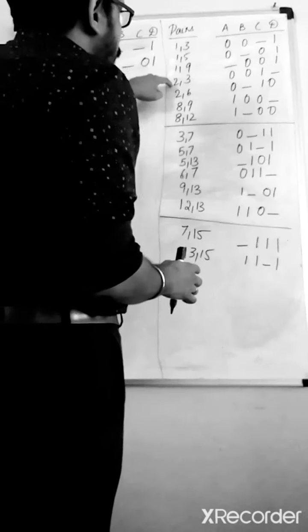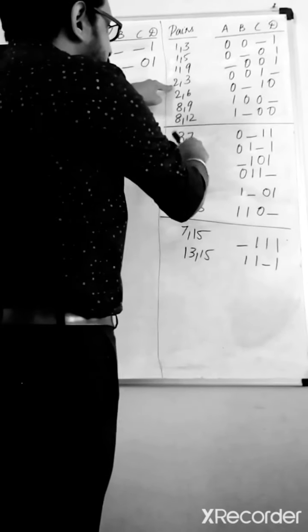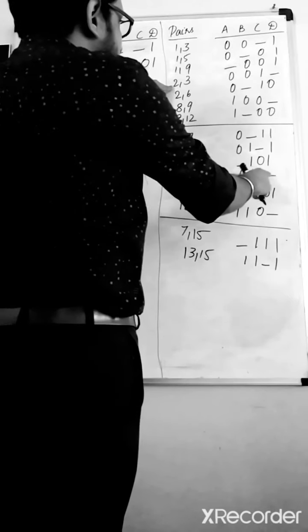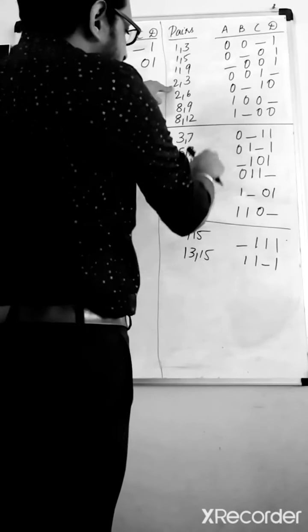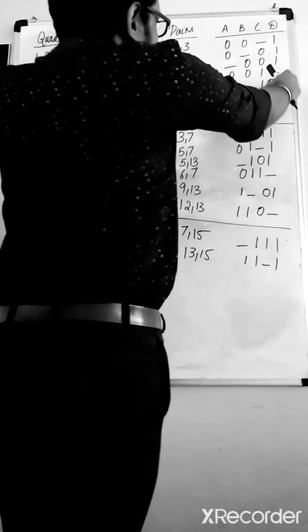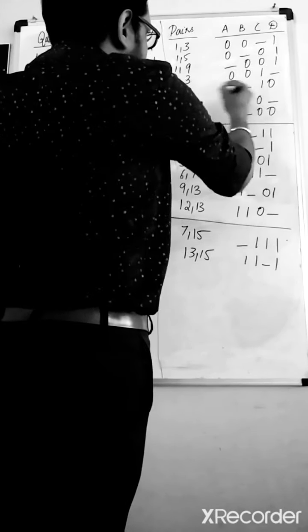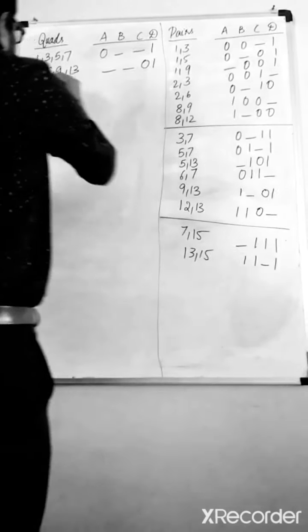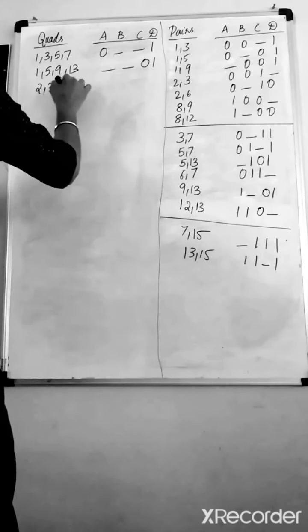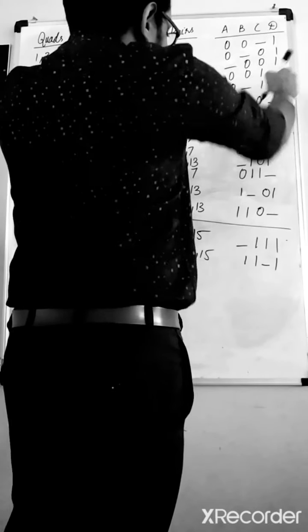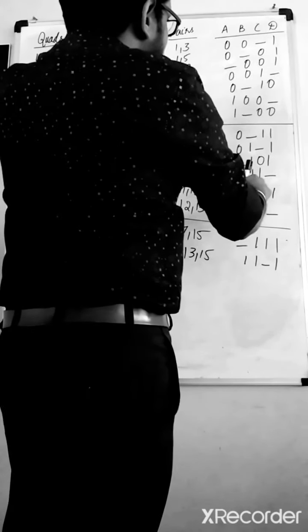Next one, 2, 3 compared with 3, 7. Avoid that, repetition. Then check for the case 2, 3, 6, 7. It is possible because we have the dash in the same bit position. Okay. So this is a possibility. 2, 3, 6, 7: 0, 0, 1 dash and 0, 1, 1 dash.